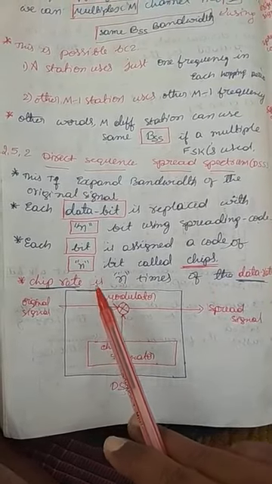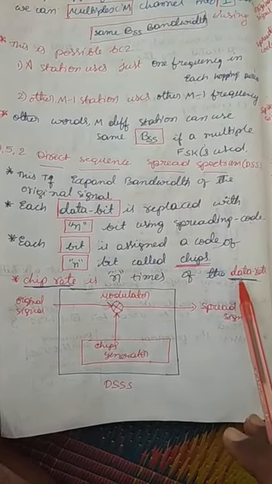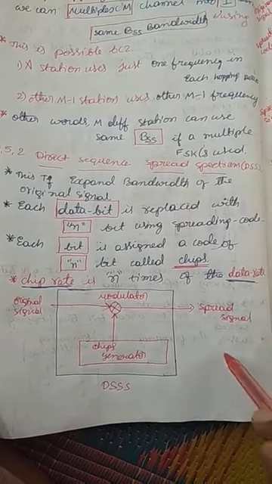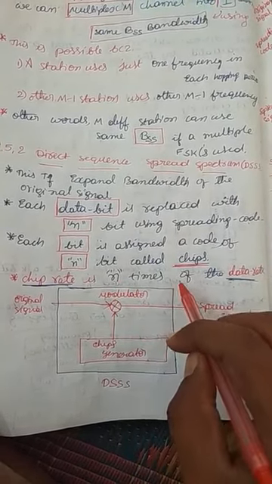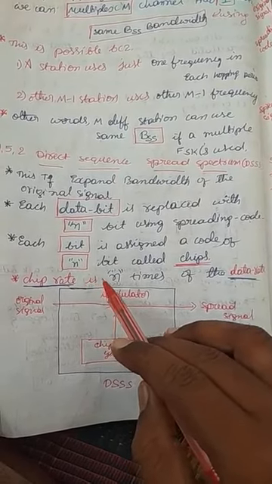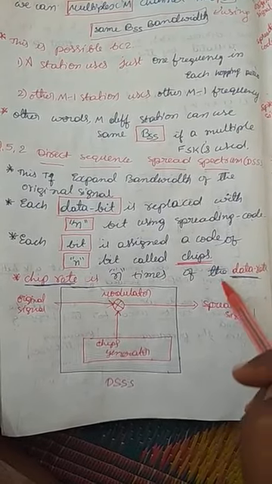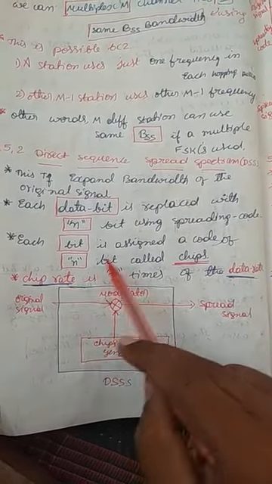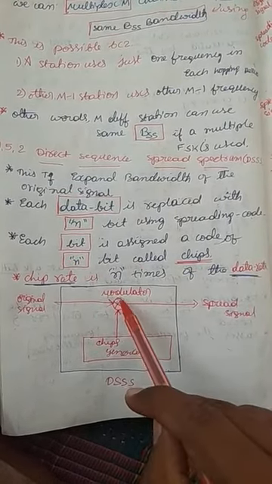It is nothing but n times the data rate. That means the chip rate is n times greater than the data rate. That is the explanation of this statement.